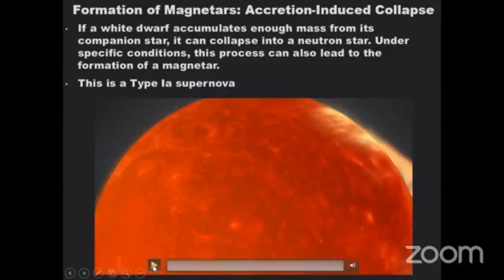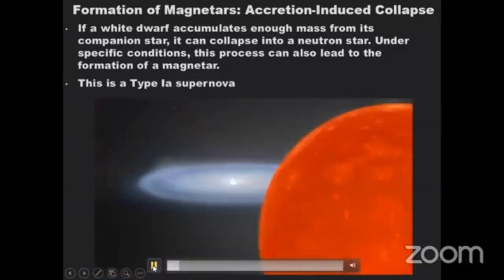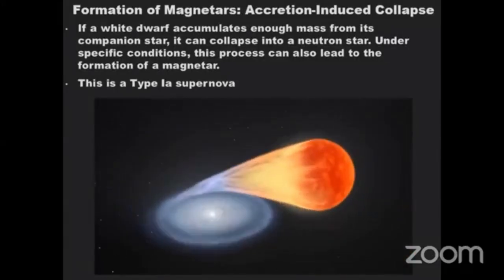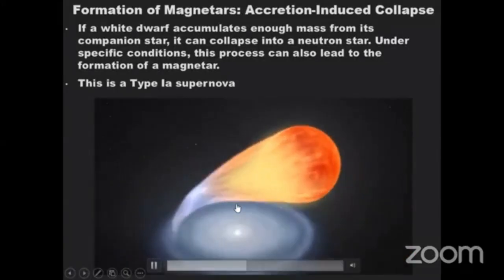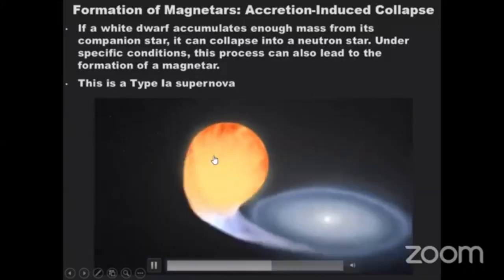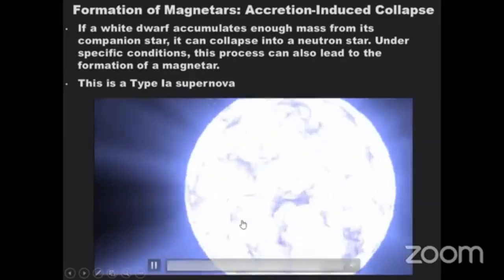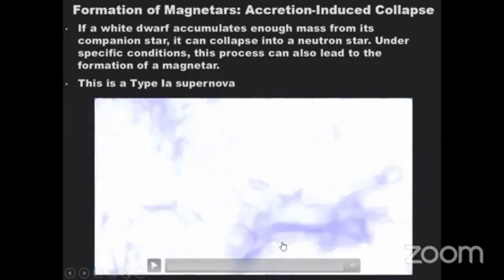In here, you have a white dwarf. Remember, a white dwarf is less massive than a neutron star. Now you have this white dwarf somehow stealing some matter from a main sequence star. It is gravitationally tied to that star. So it is stealing matter from it. Do you understand?